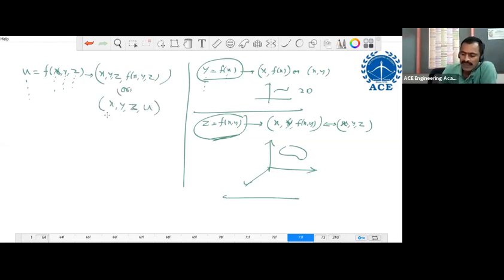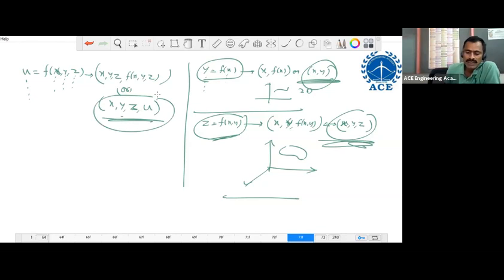If we compare this with the other two points, here it is a 4-dimensional point. It is a 2-dimensional point, a 3-dimensional point, and a 4-dimensional point. So to represent this function of three variables geometrically, we require the 4-dimensional space. We require the 4D space.